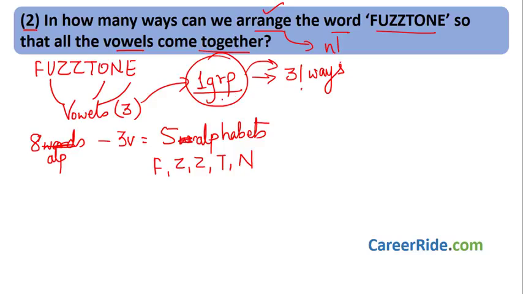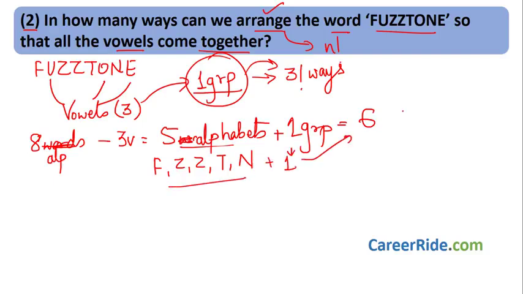Now after we consider these 3 vowels as one group, we are left with 8 alphabets minus 3 vowels, that is 5 alphabets. So these 5 alphabets plus this one group will make a total of 6 things.